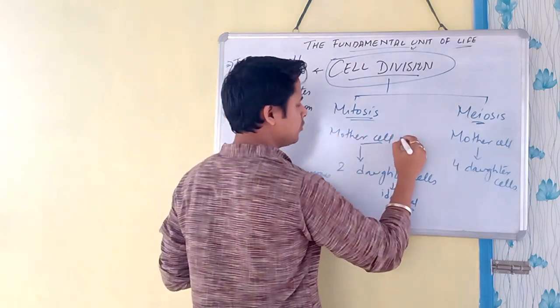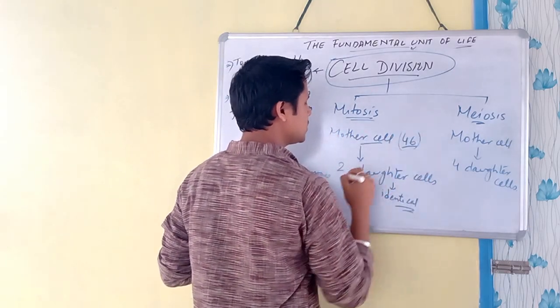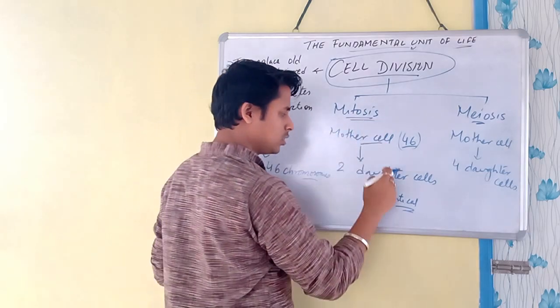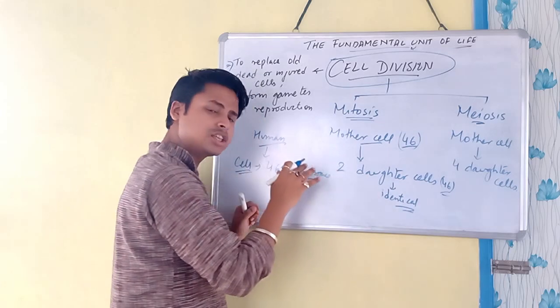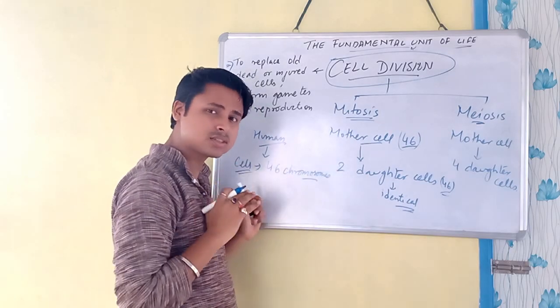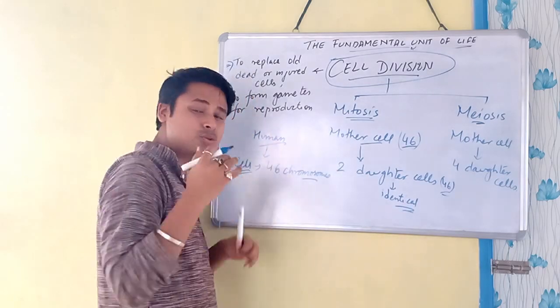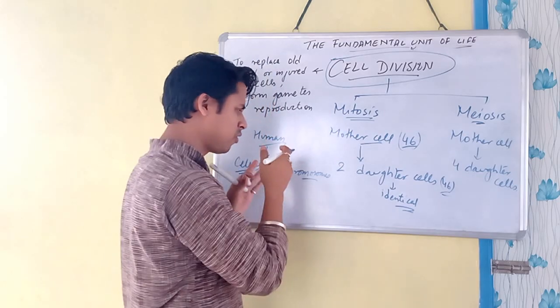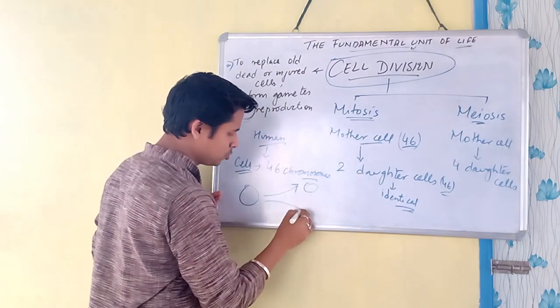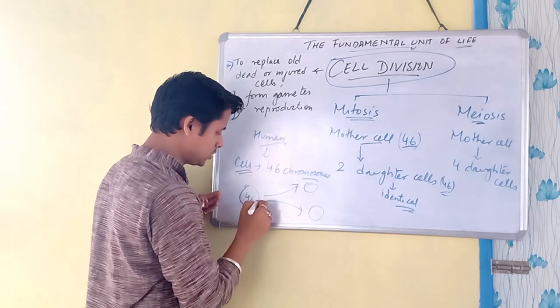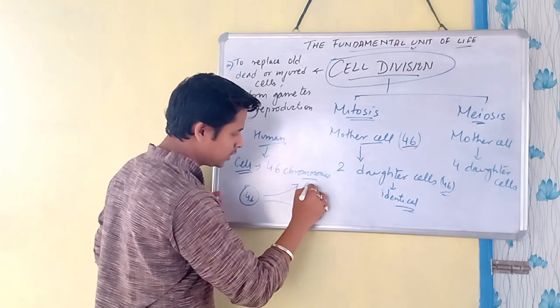So that means if there are 46 in the mother cell, the same 46 come in the daughter cells, right? So each daughter cell will have 46 chromosomes. How is this happening? How are they maintaining this? From 46, one cell is getting divided into two, and then this 46 again equally gets divided.